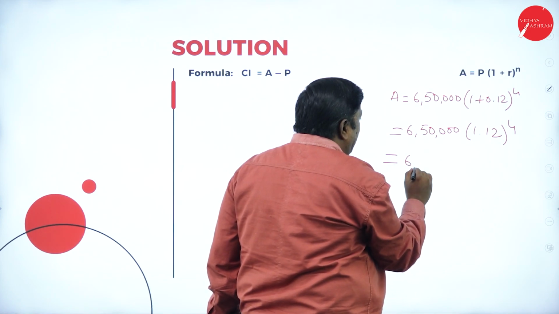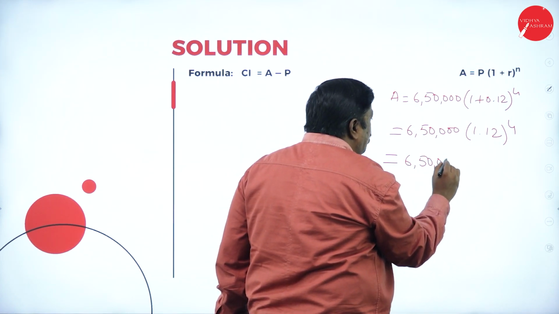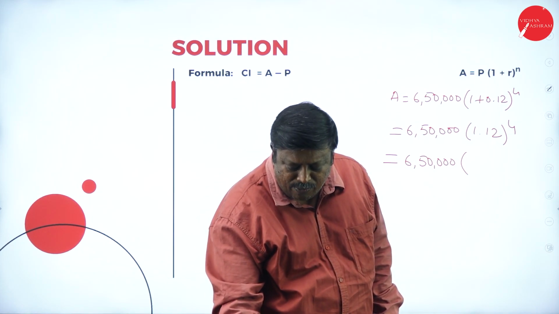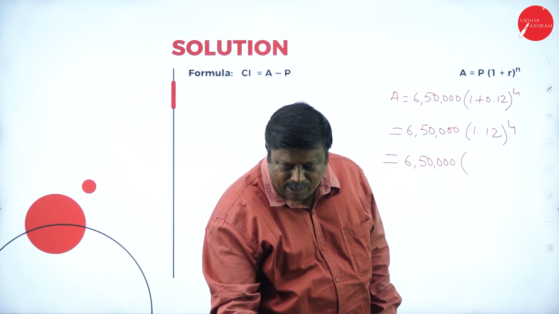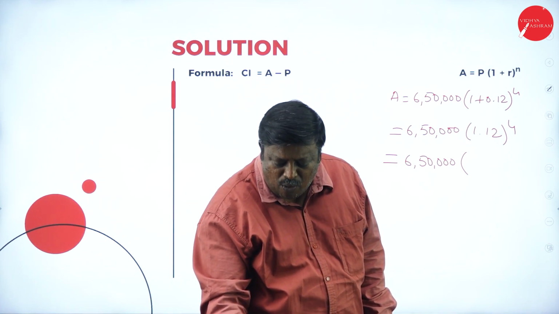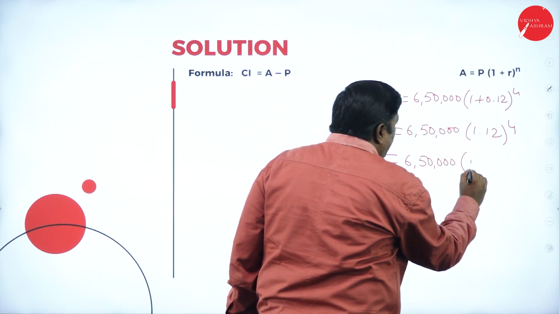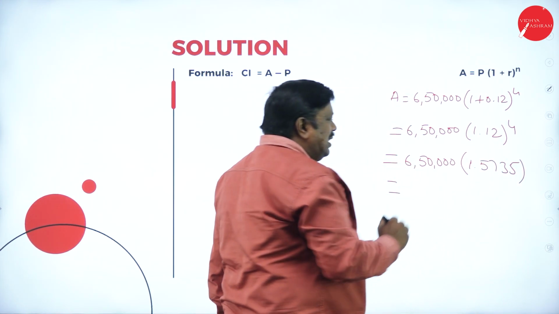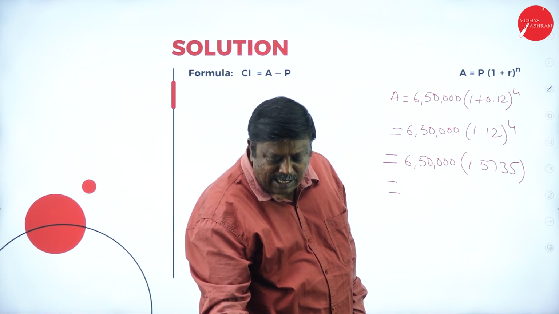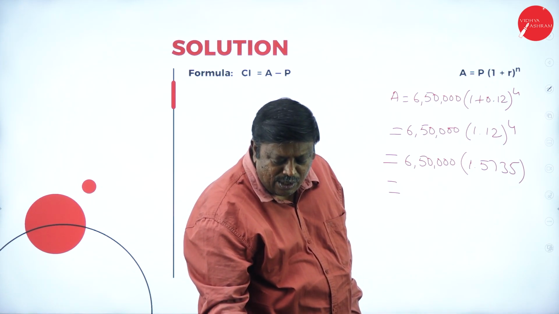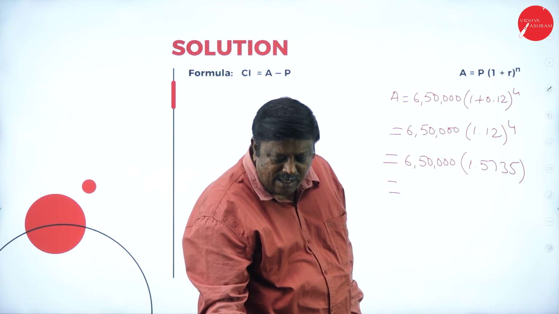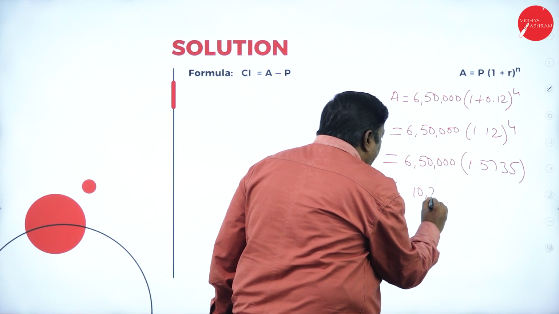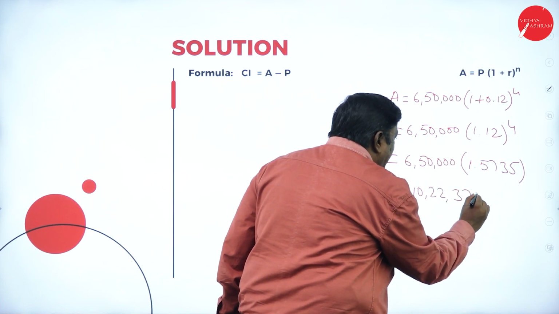So 6,50,000 into 1.12 into 1.12, 2 times, 3, 4. So 1.5735. 6,50,000 into 1.5735. So amount will be 10,22,375.